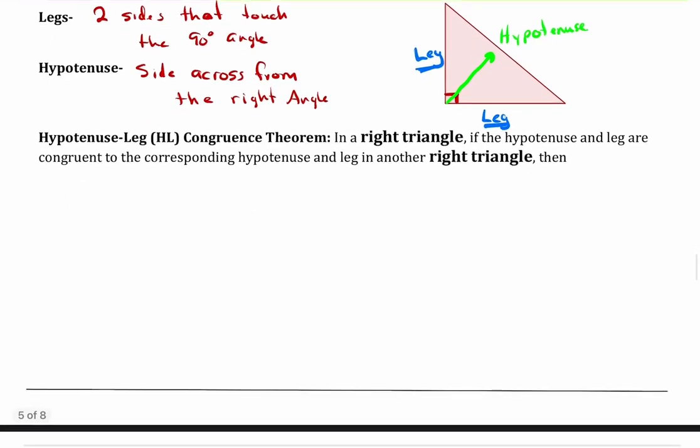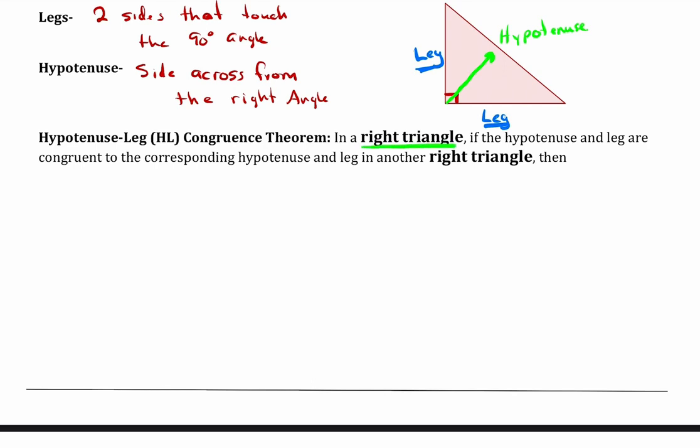All right. So what that means is we can use those definitions, because those were just definitions, for our final congruence theorem, our final way to show that two triangles are congruent, which is called hypotenuse leg, or HL for short. So if you know that you have a right triangle, that's a big part of this. It has to be a right triangle.